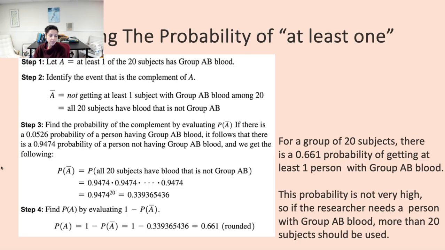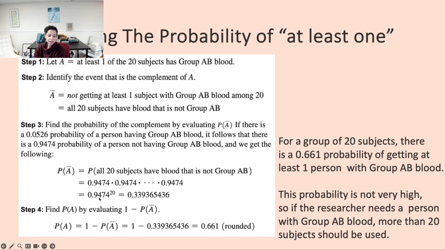So 0.9474 was the probability that you pick one person and they don't have AB blood. If you're picking 20 people, you're going to multiply 0.9474 by itself 20 times.